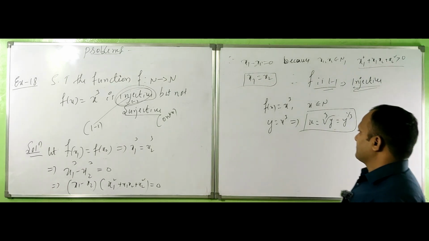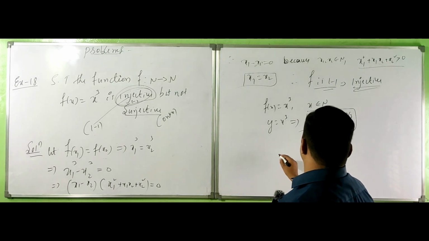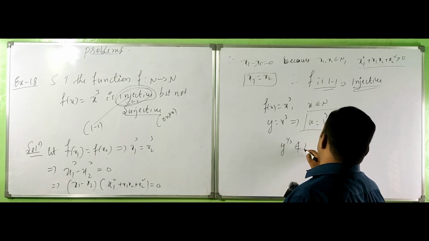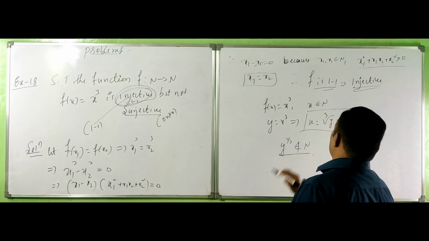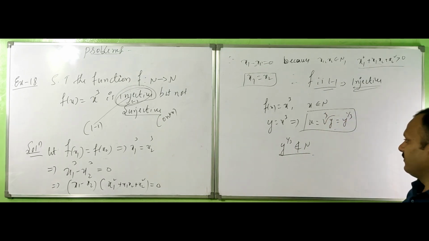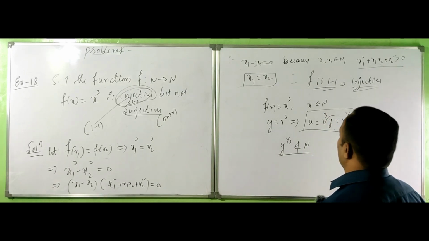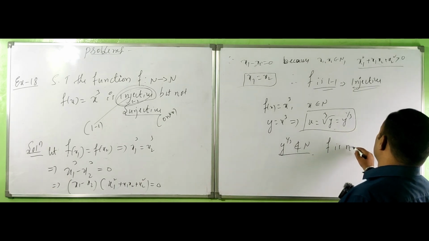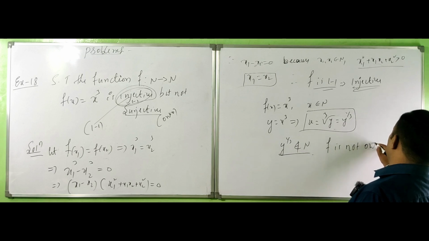Right. So here, y to the power 3 does not belong to N. Therefore, f is not onto.